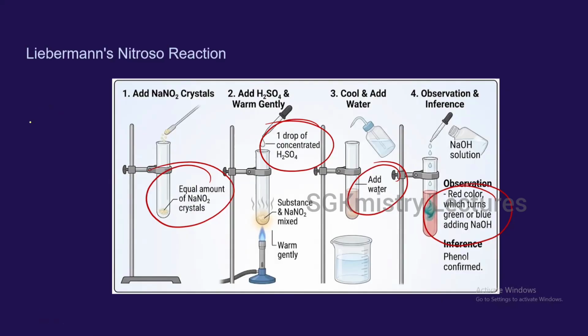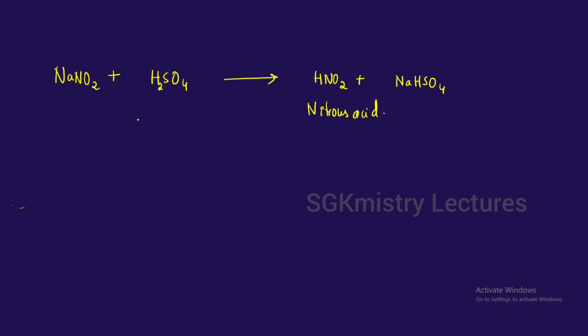We take sodium nitrite in the presence of sulfuric acid, and you get nitrous acid, HNO2, along with NaHSO4. Now we have the phenol, C6H5OH, in the presence of this nitrous acid.